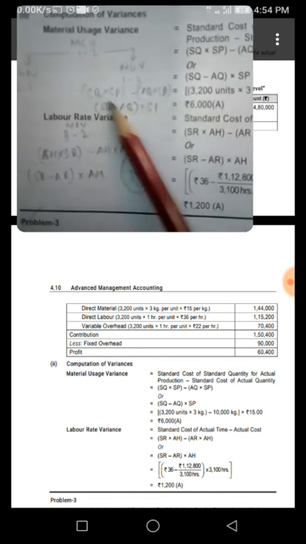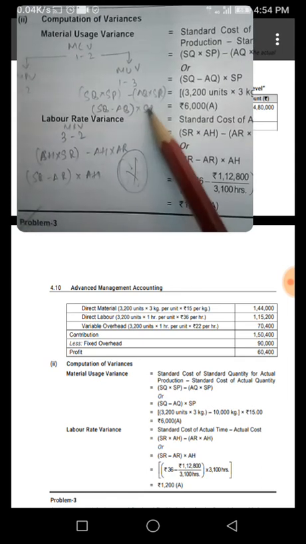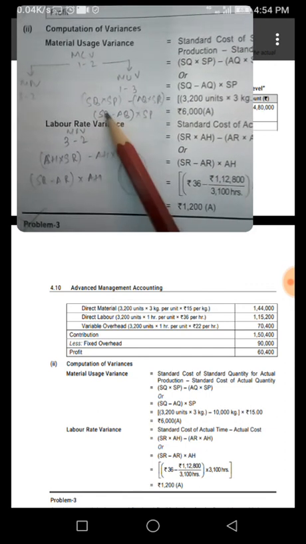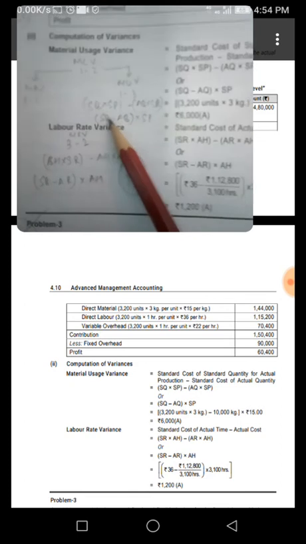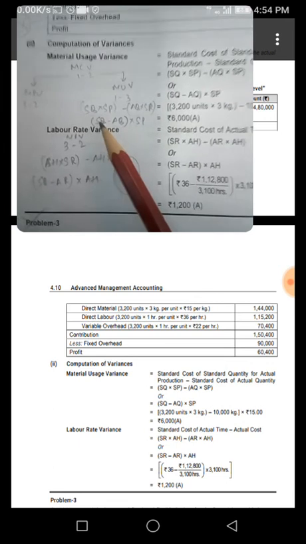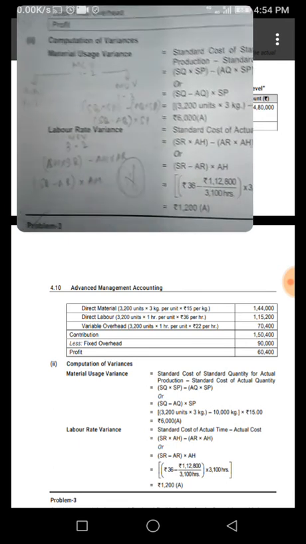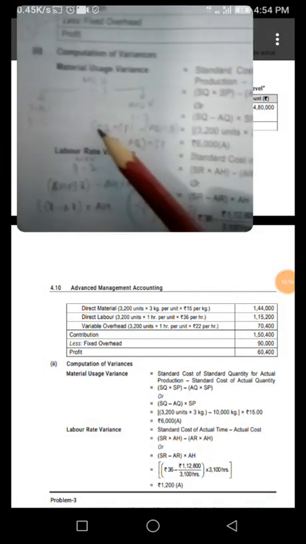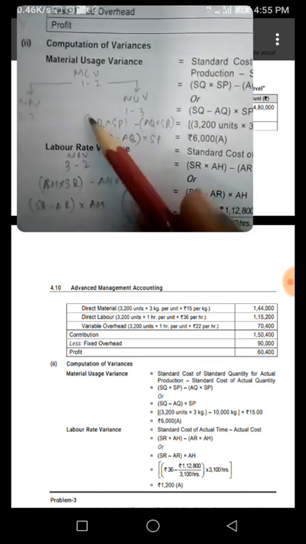So see which is common here. SP is common, so it is taken out. Then SQ minus AQ, taken here, SQ minus AQ into SP. SQ is standard quantity.